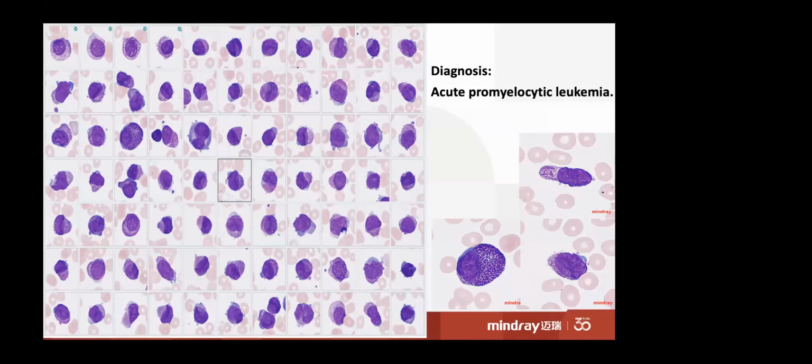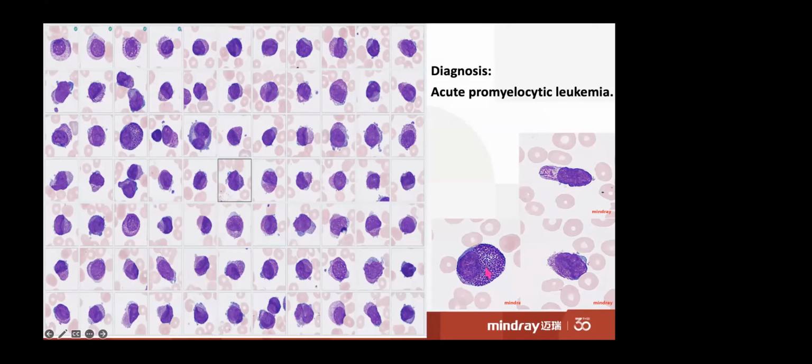And looking at the morphology of the smear, take note that we have a lot of mononuclear cells. The nucleus appears round to irregular, and oftentimes they are eccentrically located. But the most distinguishing feature of this particular case is that the cytoplasm is heavily granulated.